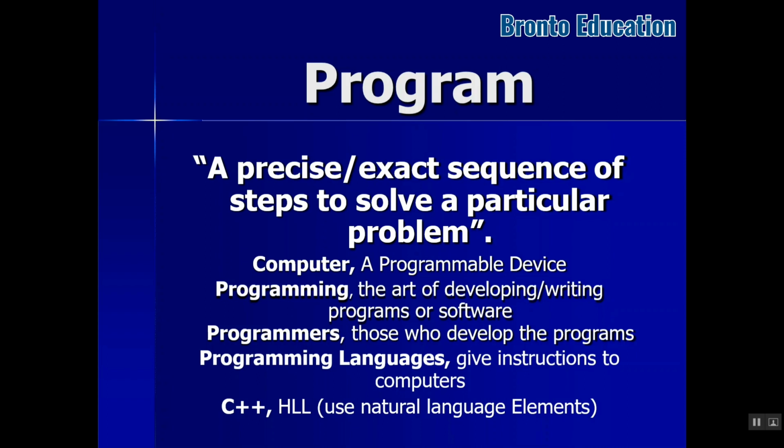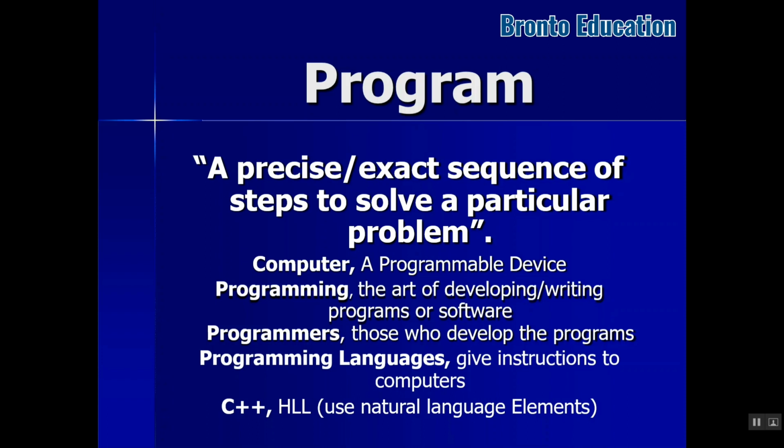So C++ is actually a high level language. High level language means this is near to human language, just like English. C++ is more readable by humans than assembly language. Assembly language is a low level language, and I'm going to mention one thing called C. C language was actually between them.